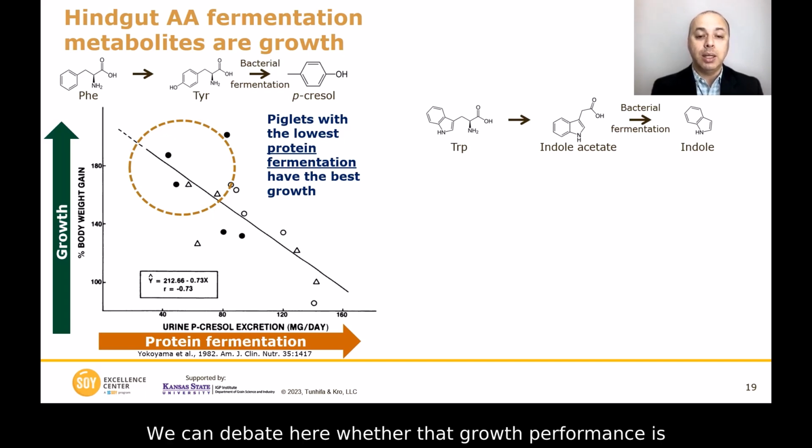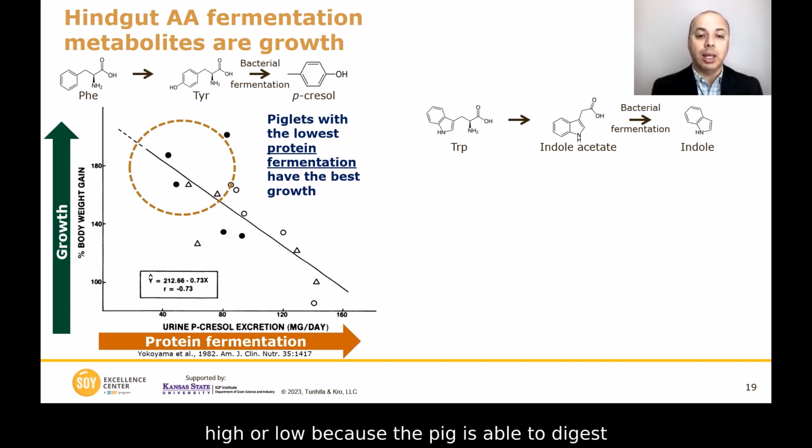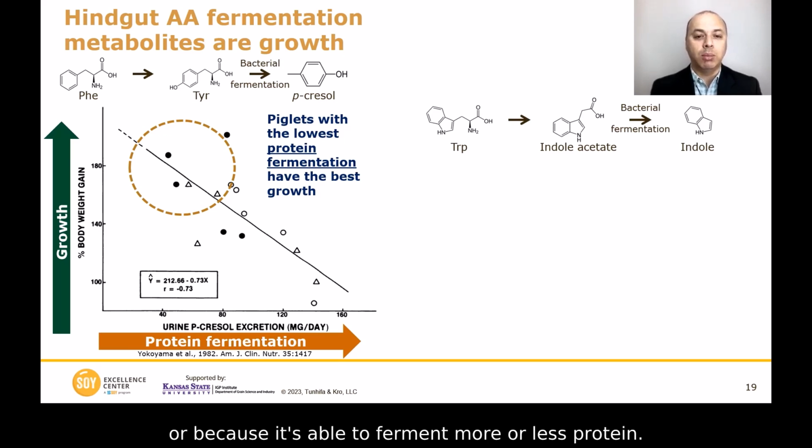We can debate here whether that growth performance is high or low because the pig is able to digest more or less protein, or because it's able to ferment more or less protein. The reality probably is that both processes are linked.